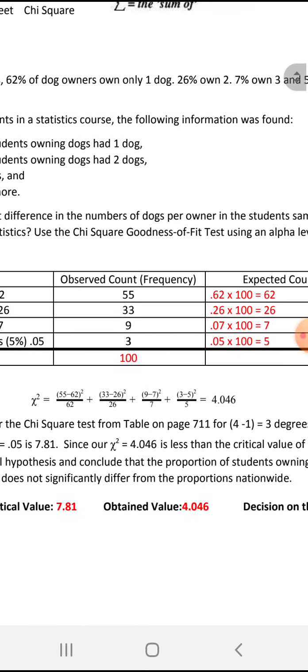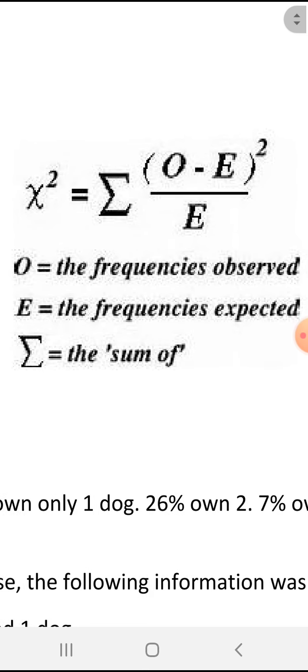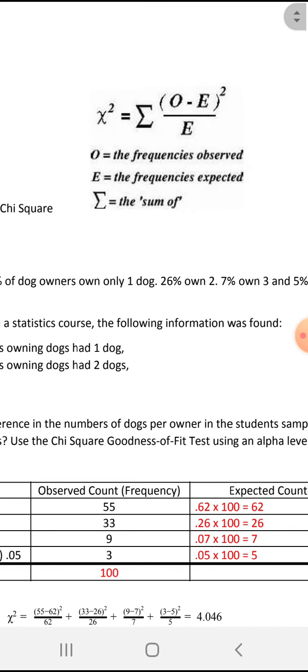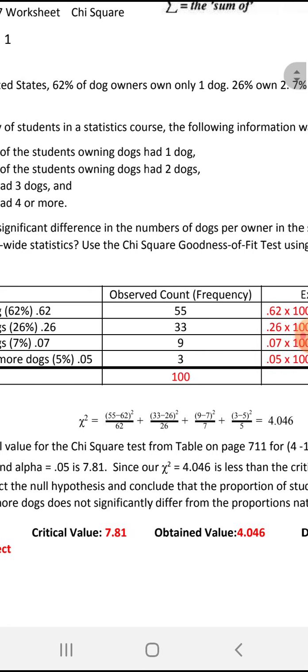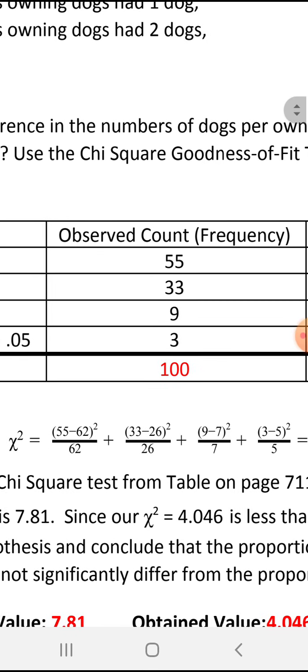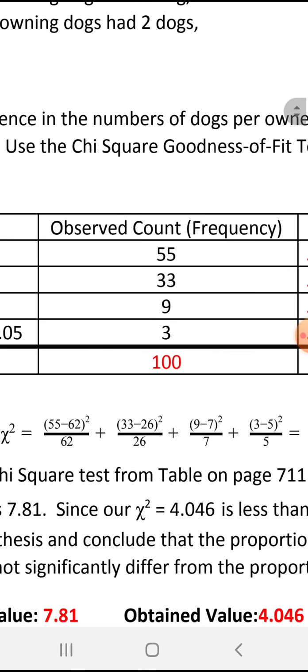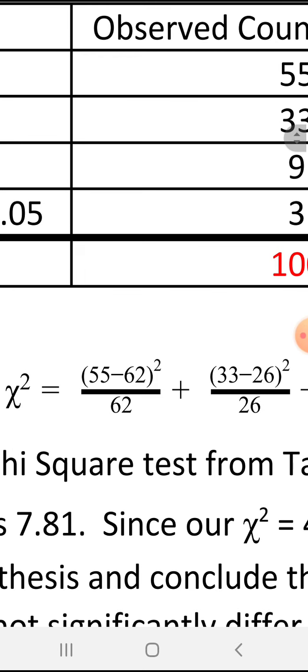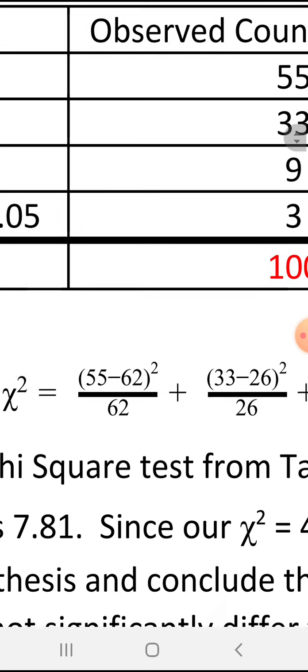All right, the chi-square formula says chi squared equals the sum of the observed minus expected squared over expected. So you go here and you take the observed, which is 55, minus the expected, which is 62, squared, divided by 62.